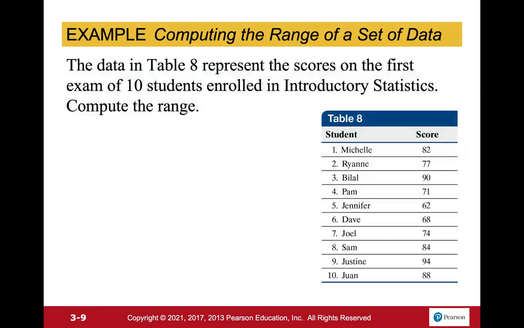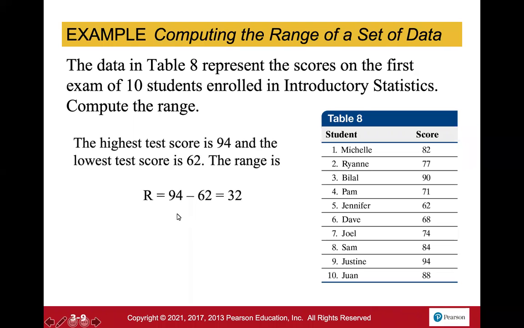Coming over here, we look at the scores from the last video and we see all of these scores. The smallest data value we noted was, I believe, 62, and the largest data value was 94. So 94 minus 62 is 32. What this 32 represents is that we have 32 different possible answers to choose from for each of these students.